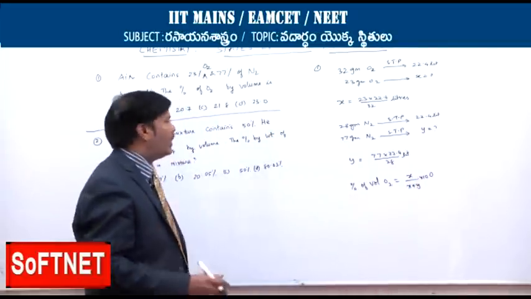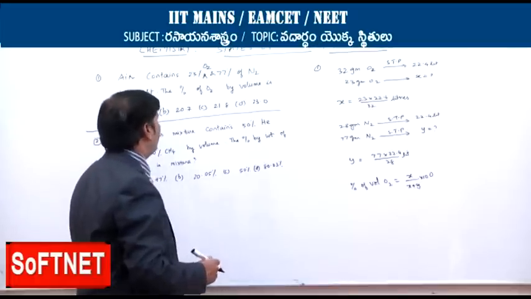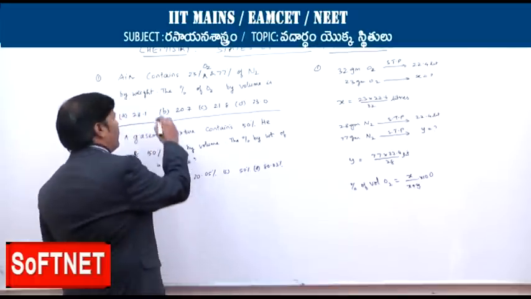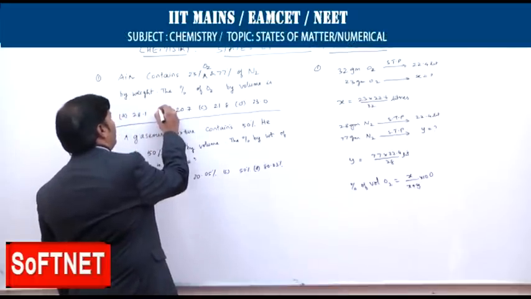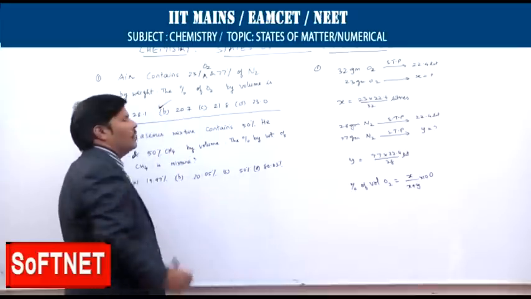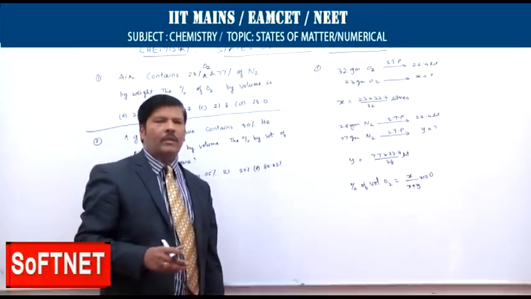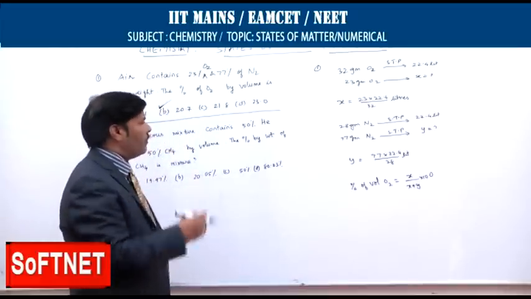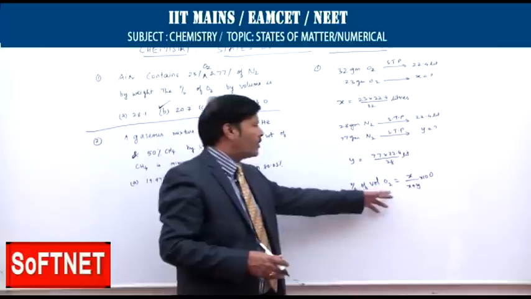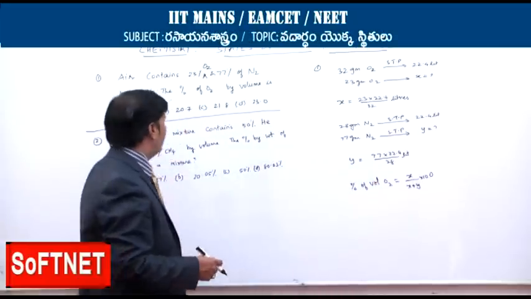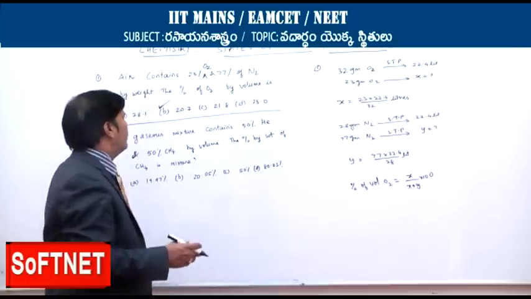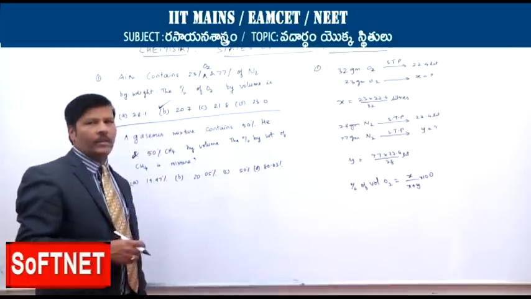You do it and definitely you are going to get 20.7, which will be the correct option. Option B is the correct option. After simplifying, the percentage of O2 by volume you can obtain is 20.7.